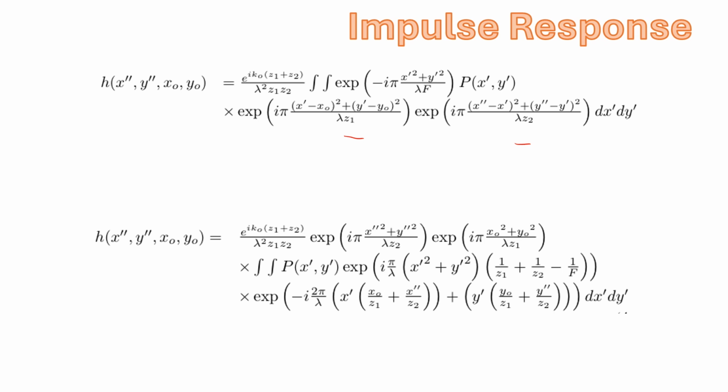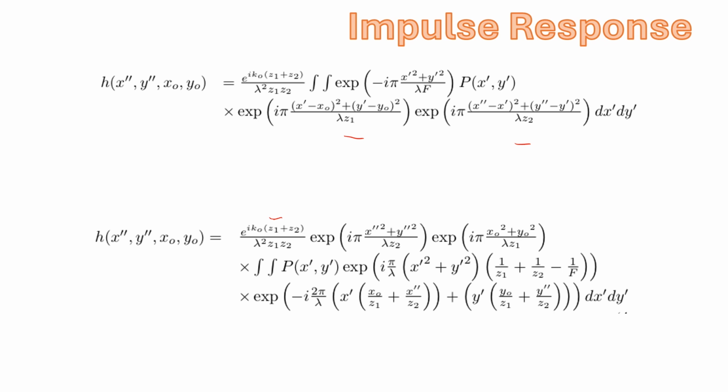And then we have these terms inside of the integral, and this phase delay, lambda over z1 plus z2 over lambda, would be the phase delay between the two planes. Okay, so that's our simplified version of the impulse response, still quite a bit complicated.